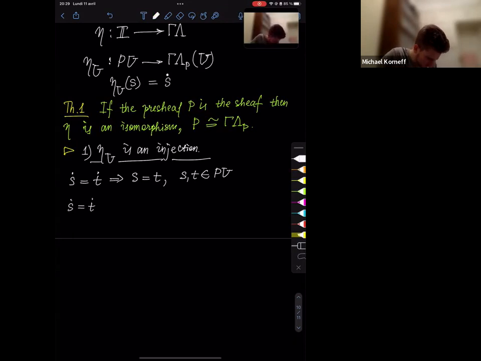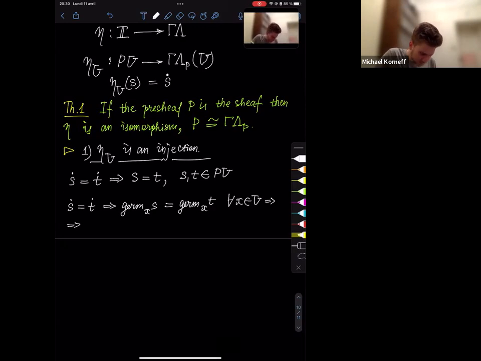This equality means that germ S at x equals germ T at x for all x in U. And this means that there exists an open neighborhood Vx of the point x in U such that S restricted to Vx equals T restricted to Vx.